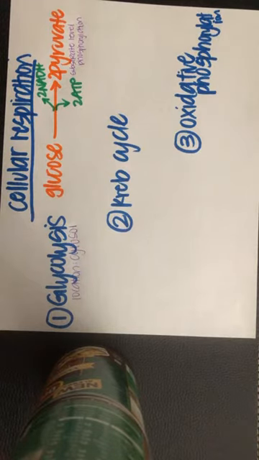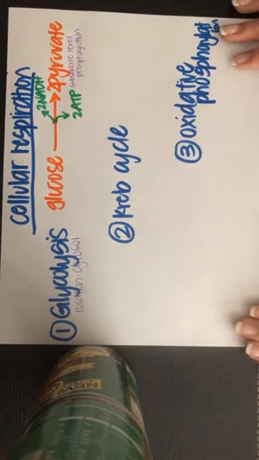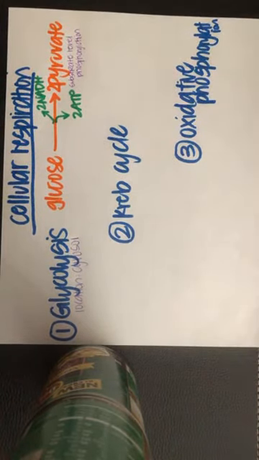Because the substrate is phosphorylated, we're able to take that phosphate off to make an ATP. The way you make ATP is you take ADP and add the third phosphate, which makes ATP.